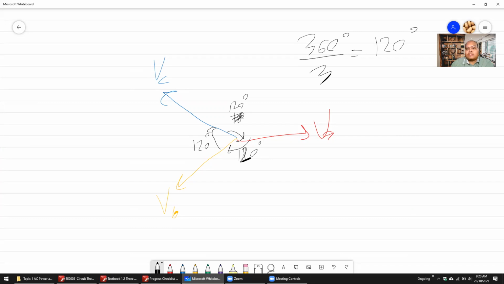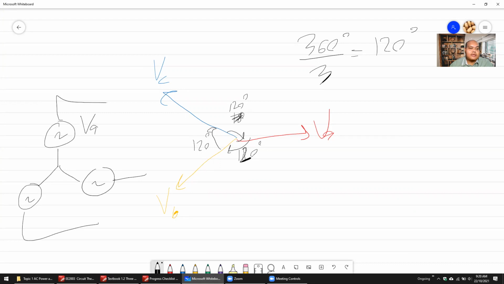So you have 3 voltage sources that have different phase. Assume that you have a power supply, something like this, connected together. For example, VA is VS, equals VS angle 0 degree.